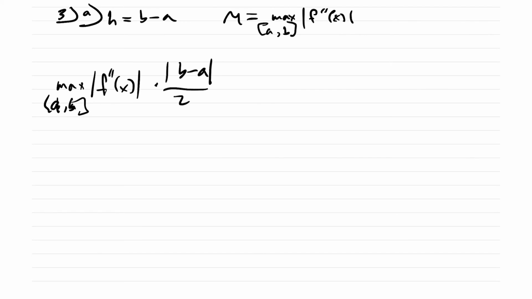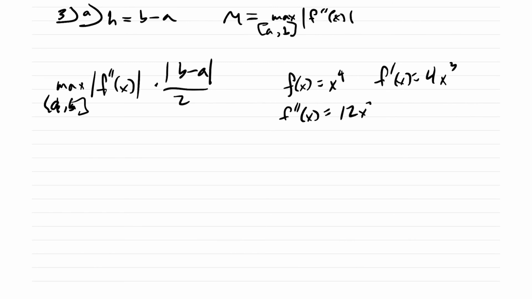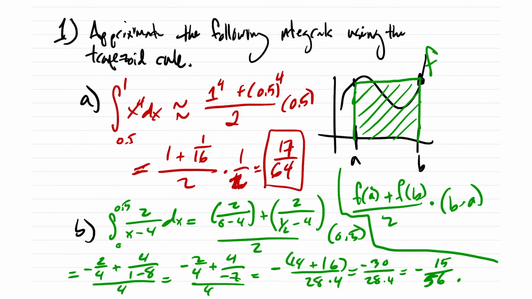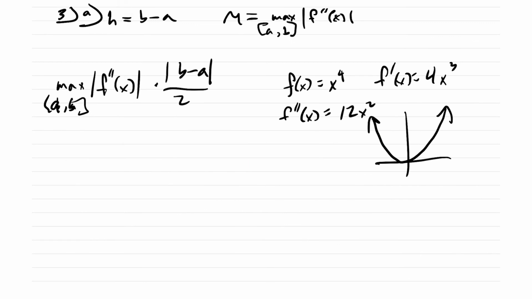And so f initially was x to the fourth. f prime of x is going to give me 4x cubed, and then I get 12x squared for my second derivative. And so we know that this looks like this, right? The interval that we're looking at is 0.5 to 1. So the interval we care about is here, 0.5 all the way up to 1, and we know it's an increasing function, so its maximum value is going to be here at 1.